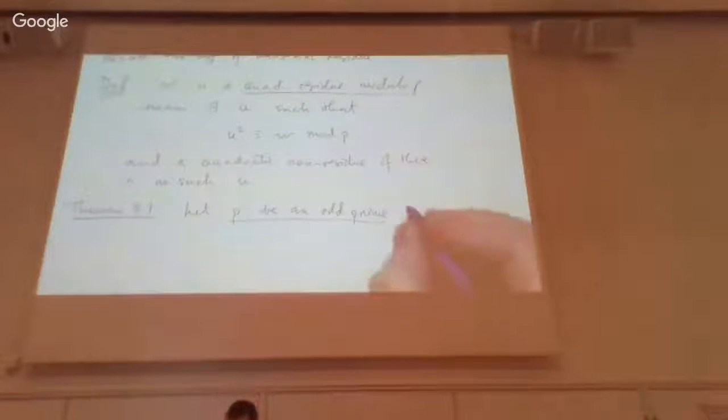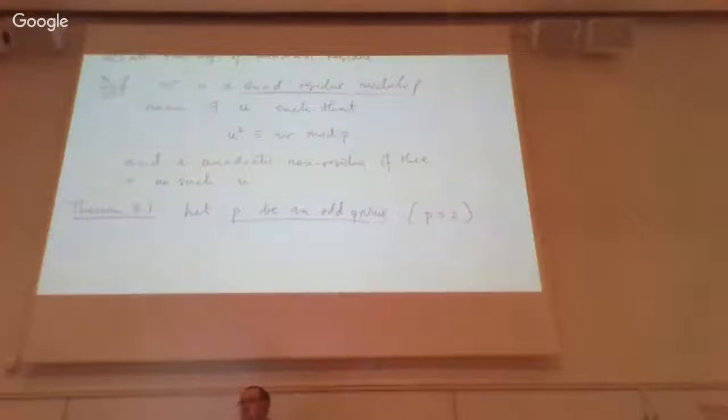It just means you're talking about a prime number except 2. People seem to like that phrase, let p be an odd prime, and it seems a bit more mysterious than it is. It just means some prime number apart from 2.